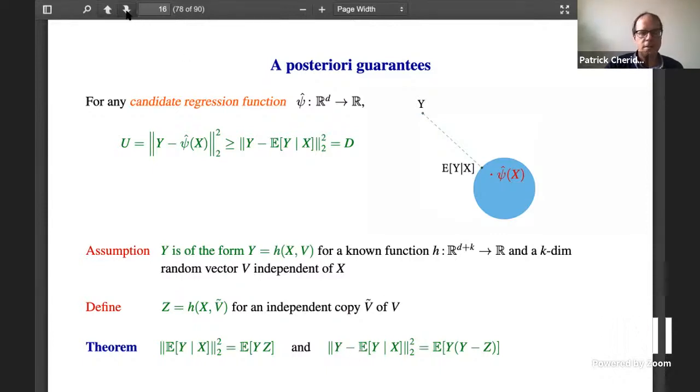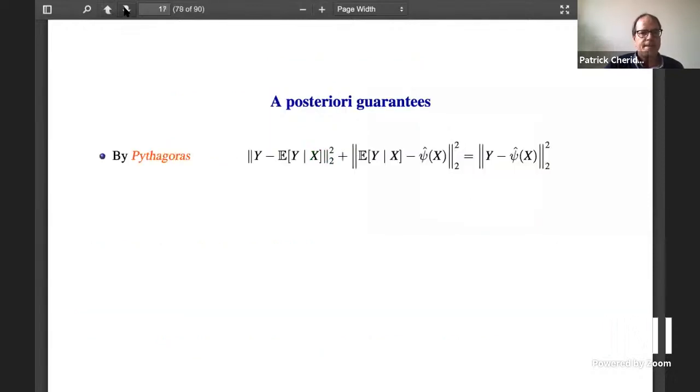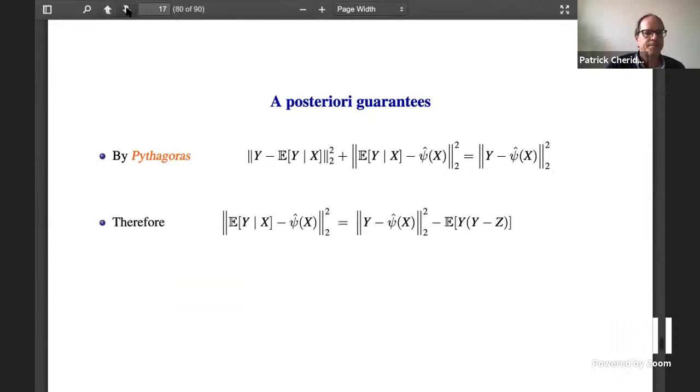Okay, why is that good? Because these latter 2 expectations can easily be approximated with standard Monte Carlo averages. Okay, and then by Pythagoras, you get that this distance squared plus this distance squared is the distance y minus your candidate regression function.